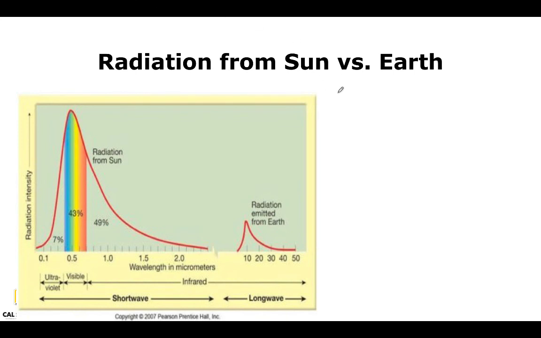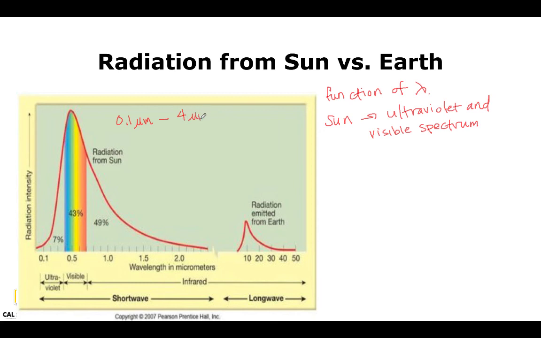So far, we've been talking about everything as a function of wavelength. Well, we actually don't want to express everything as a function of wavelength. We want to integrate across the wavelengths in order to get our total radiative flux. So for the sun, we have our ultraviolet and our visible spectrum, which ranges from 0.1 micrometers to 4 micrometers.